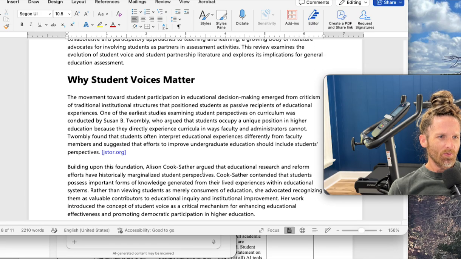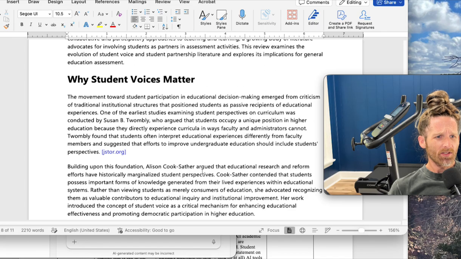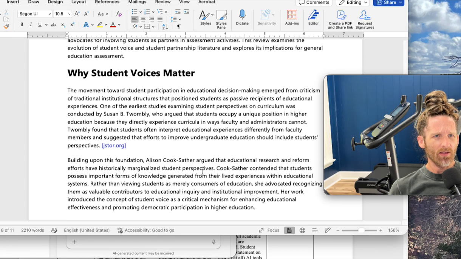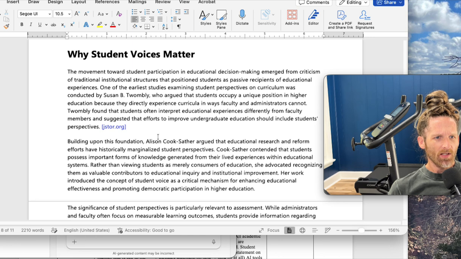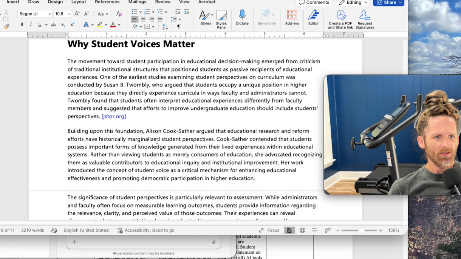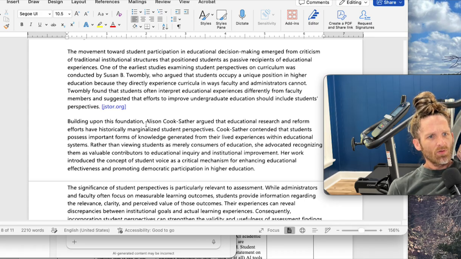Why students' voices matter. What I'd be more interested in, so this is talking about articles rather than learning from them. Building this foundation, Allison Cook-Sather argued that education research and reform efforts have historically marginalized student perspectives, contended that students possess important forms of knowledge generated from their lived experiences. In Consumers Education, she advocated recognizing them as valuable contributors.